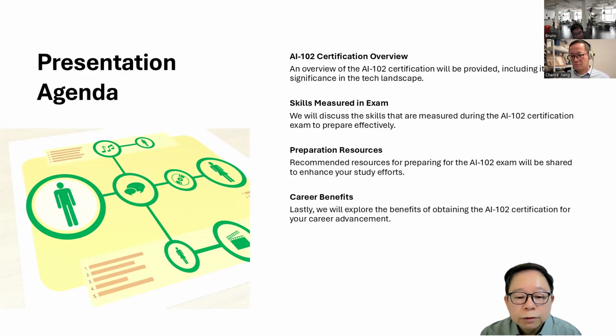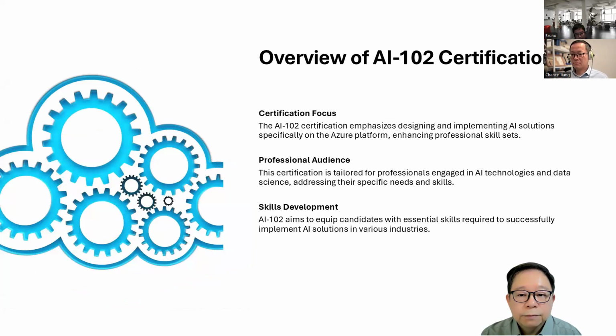Once you get 102, you will be able to explore a huge demand as a Microsoft certified AI engineer. That is a great achievement in terms of your career enhancement. The 102 certification emphasizes designing and implementing AI solutions, so it is a very solution-based certification.